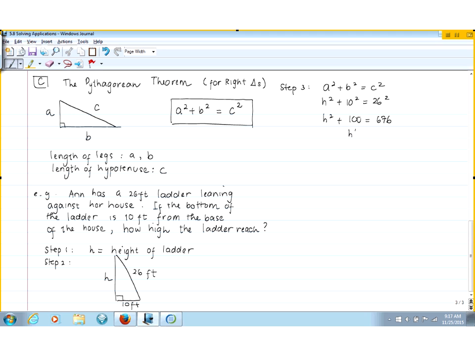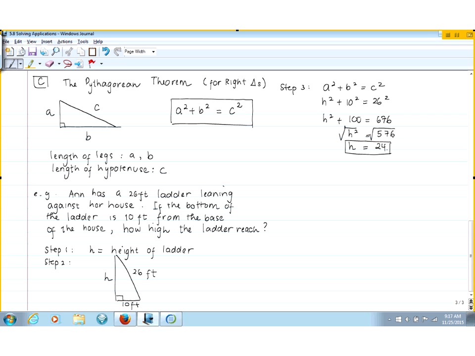Subtract 100 from both sides, so h squared is equal to 576. Now, how do I solve for h? We take the square root of both sides. Usually we put plus or minus here, but this is height. Height is always positive. So this is 24.